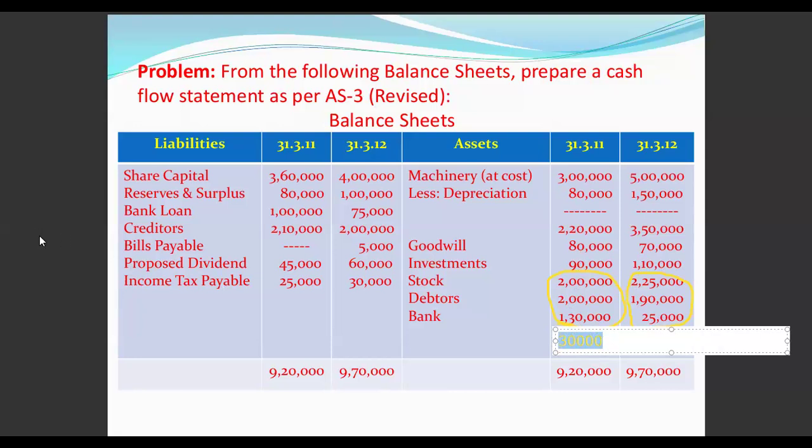I'll change the color so that it is clear. So the first year I have 5,30,000 total.